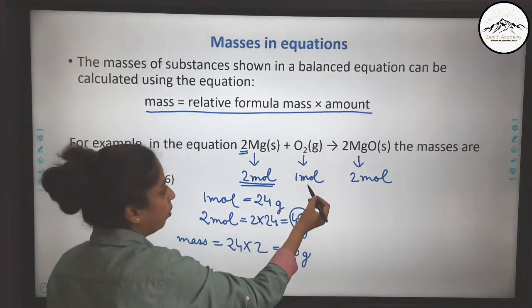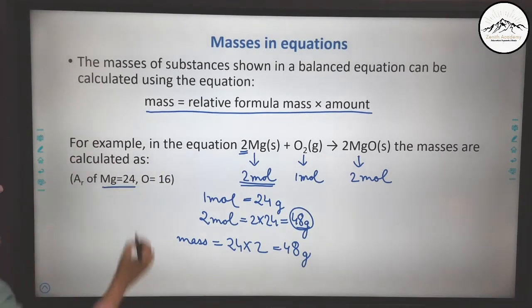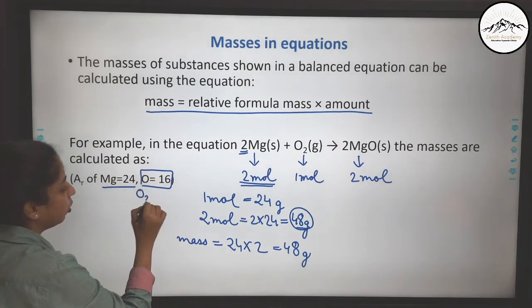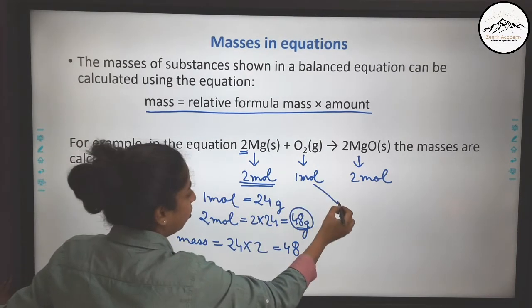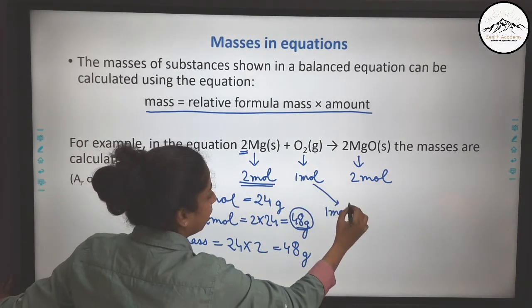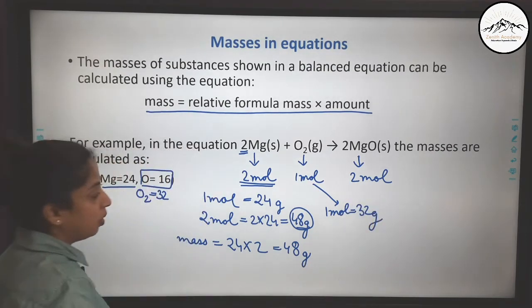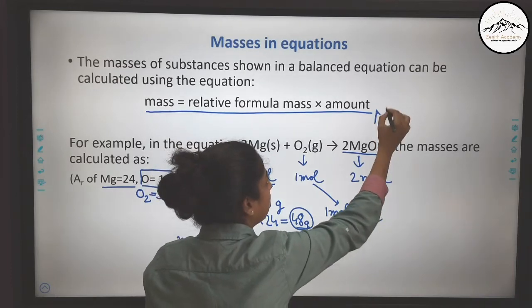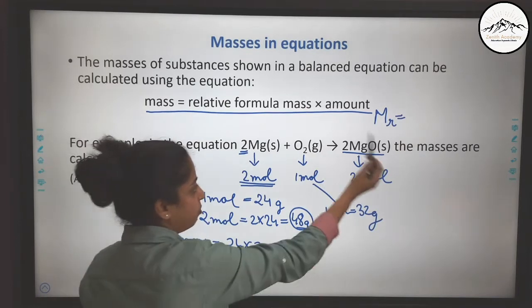Now here 1 mole of oxygen molecule. See here, 1 mole of oxygen atom is 16, so oxygen molecule will be 32. So 1 mole will correspond to 32 grams. Right? Here 2 moles of MgO we have to find out. So first let us find out the relative formula mass of MgO.